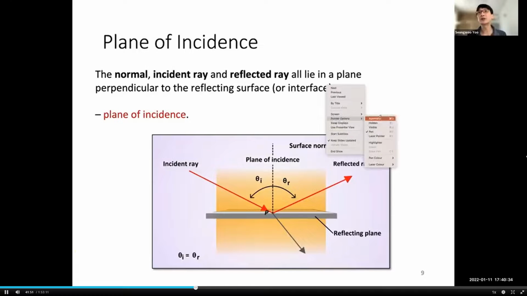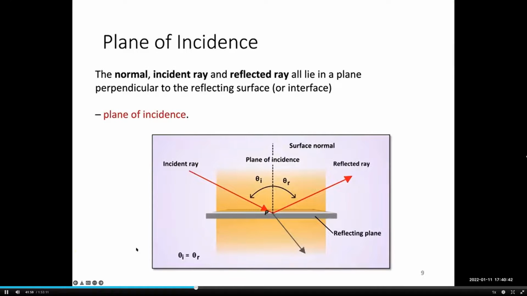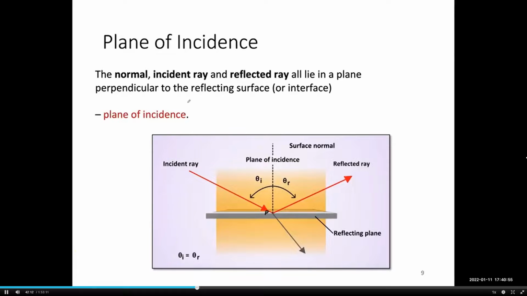All right. Now, let's have a look at this diagram, which introduces a very important concept, which is the plane of incidence. This is supposed to give me some animation, but never mind. I will try to explain the plane of incidence.